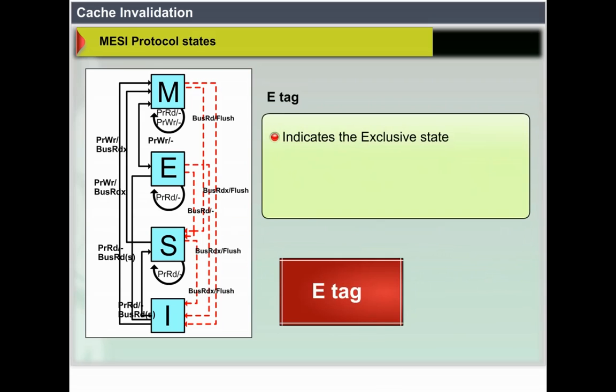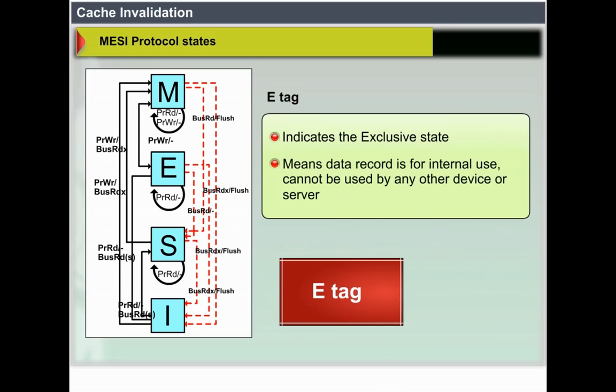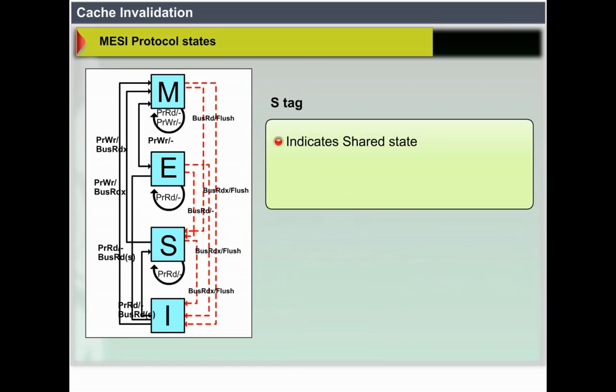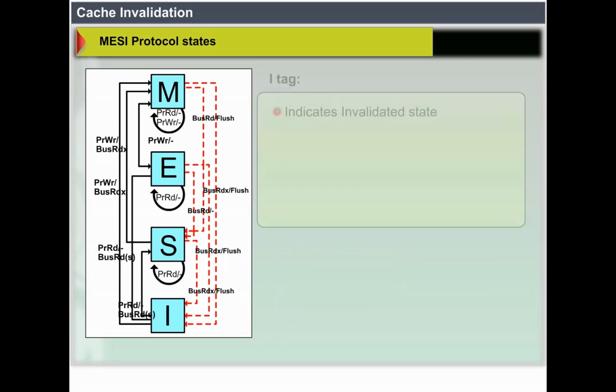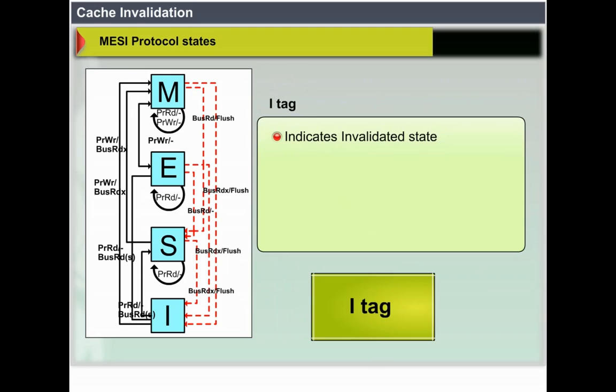E tag indicates the exclusive state. It means the data record is for internal use and cannot be used by any other device or server. S tag indicates shared state. It means the data record can be used by others. I tag indicates invalidated state.